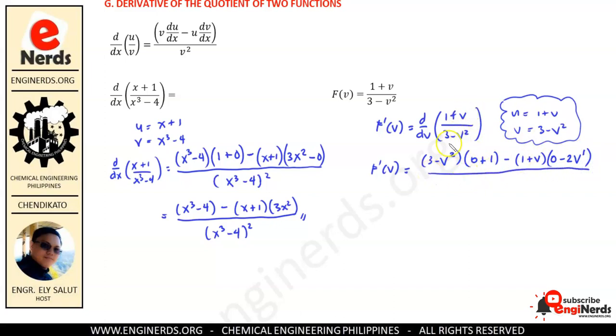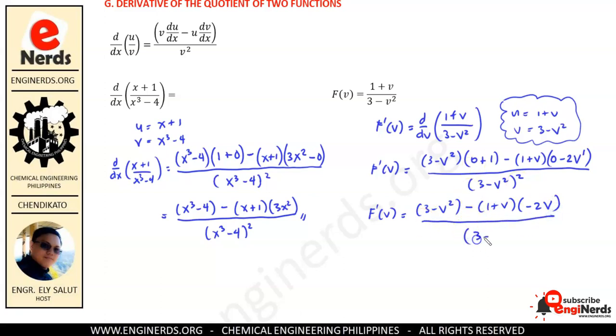Then, we will square our denominator here. So, we have 3 minus v squared squared. Okay, so f prime v is equal to 3 minus v squared times 1. So minus 1 plus v times negative 2v over 3 minus v squared squared.